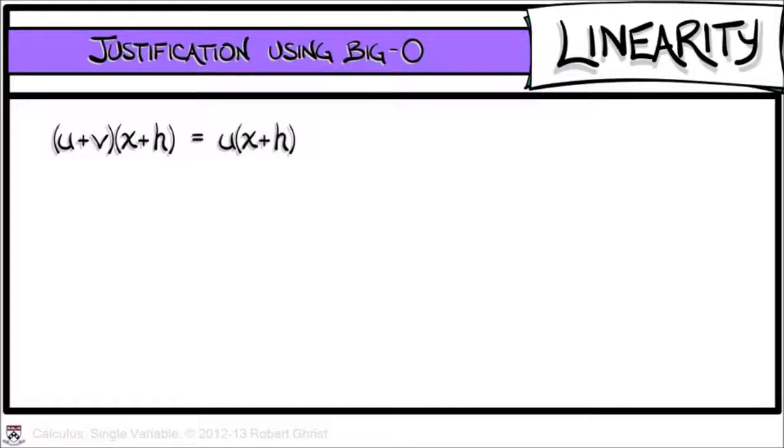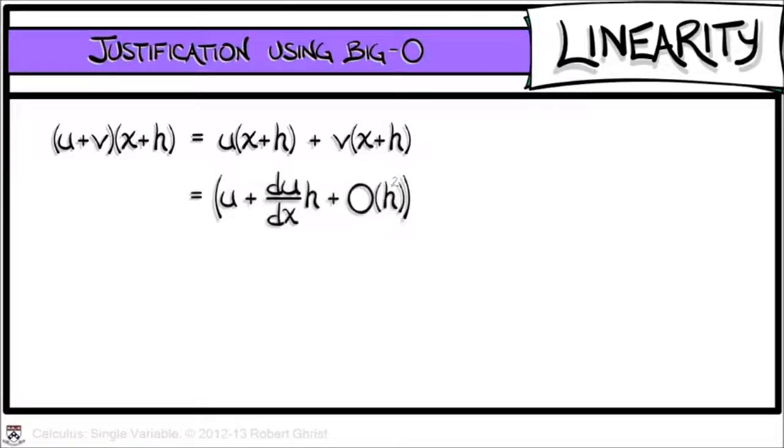Well, we take u evaluated at x plus h and add to it v evaluated at x plus h. Now, by our definition of the derivative of u, we know that the term on the left is u plus the derivative of u times h plus something in big O of h squared. Likewise with v.